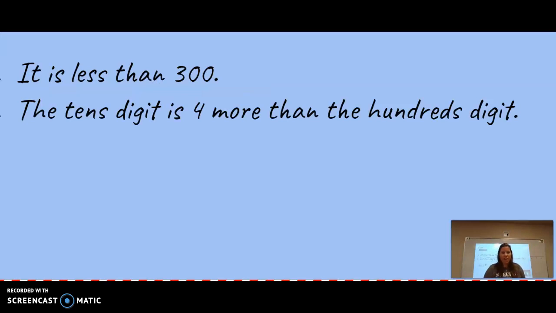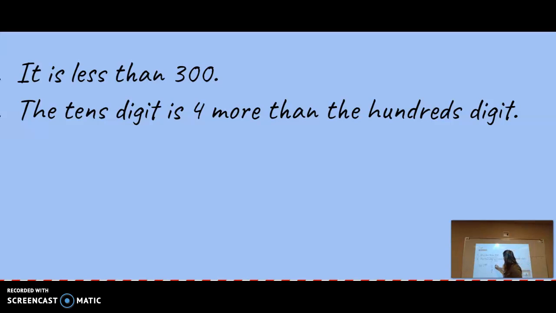All right. This one says the tens digit is 4 more than the hundreds digit. Okay? So if our hundreds digit is a 1, what is 4 more than 1? Okay, 1 plus 4 is, you said 5, you're correct.